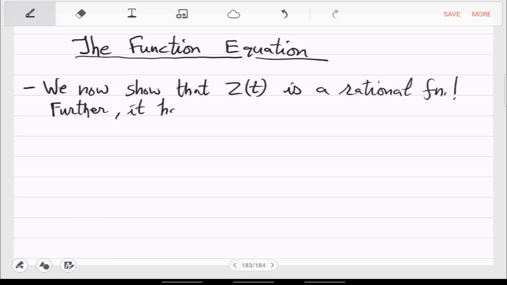Further, it has a symmetry around s equal to half. Okay, so the famous Riemann hypothesis, that is basically this. It is conjectured by looking at this symmetry around s equal to half.